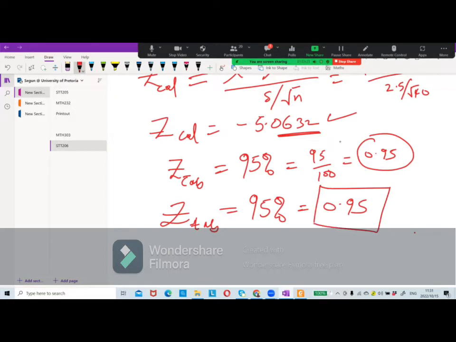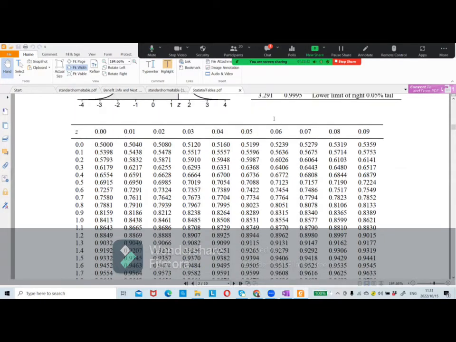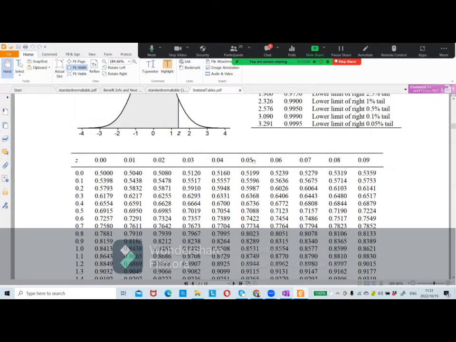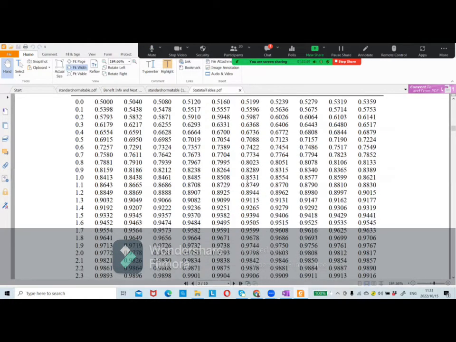Look for 0.95, both vertical and horizontal. Where do you get it? Let me show you. Can you see it now? Forget about the alpha, forget about the level of significance. This is not the level of significance in this case. But what you need to do is look inside. Where do I get 0.95 or very close to 0.95?